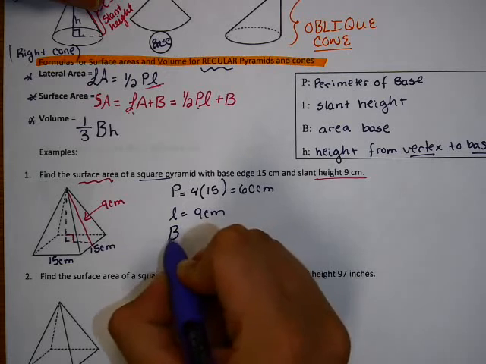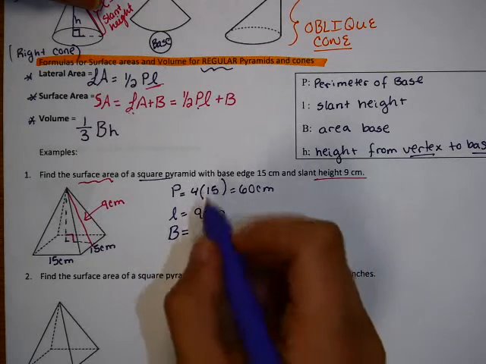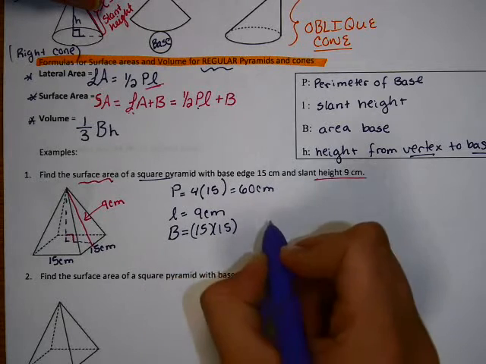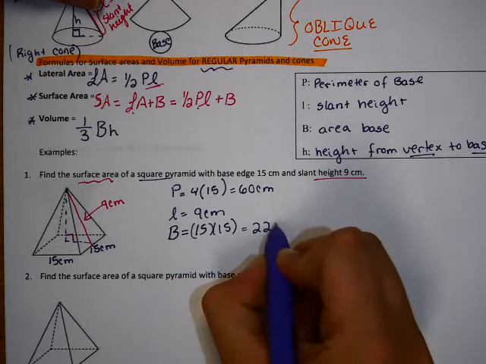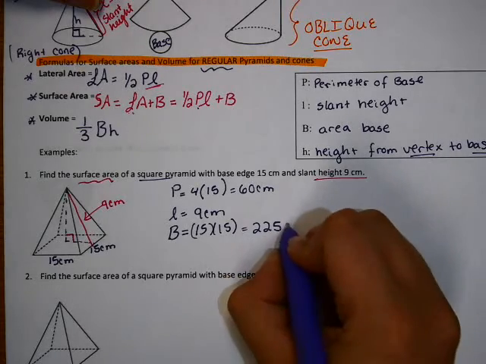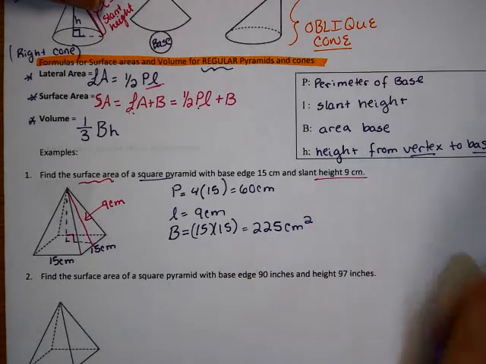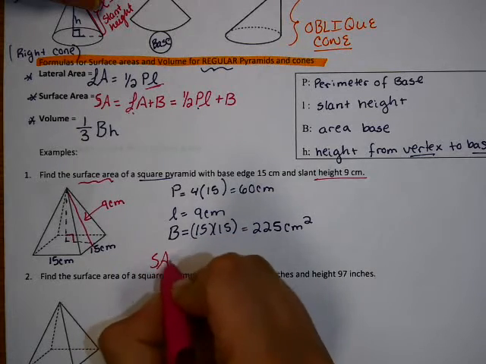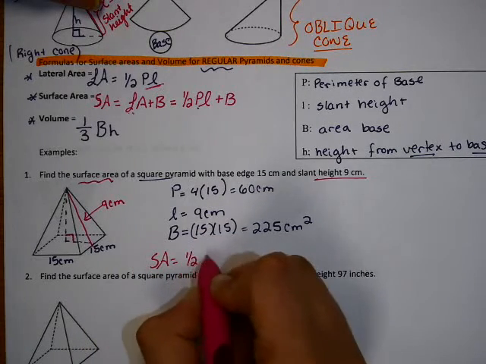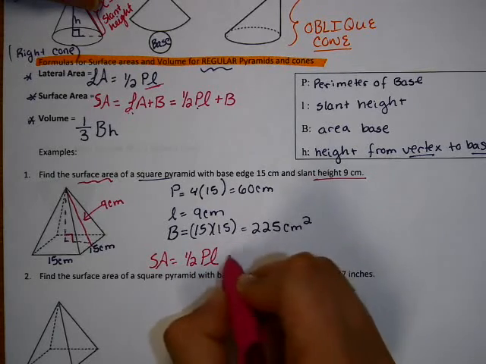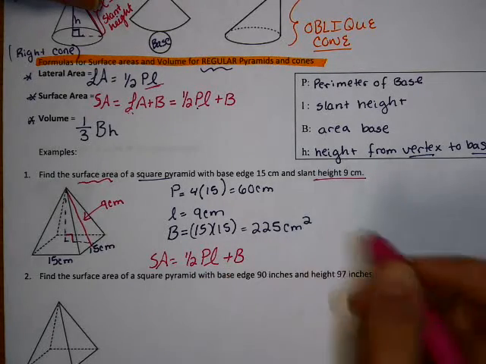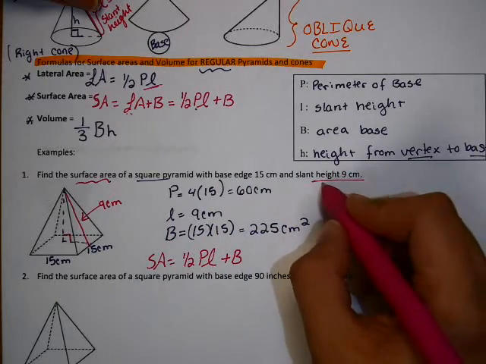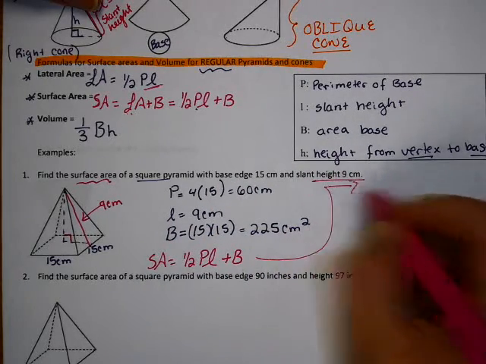And then the area of the base, which would be 15 times 15, or 15 squared, which we know is 225 centimeters squared. So for our surface area equation, which is 1/2 the perimeter times the slant height plus the area of the base, now we have everything we need to plug into the formula.